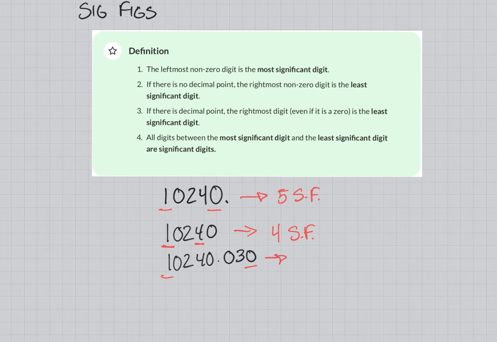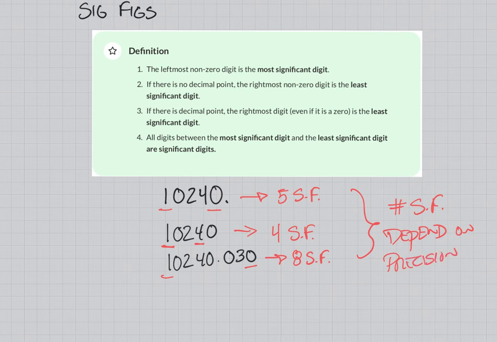Okay, so even though these numbers are very similar, the number of significant digits is going to differ. And really the number of sig figs is going to depend on the precision of our measurement. And we'll see some examples of that.